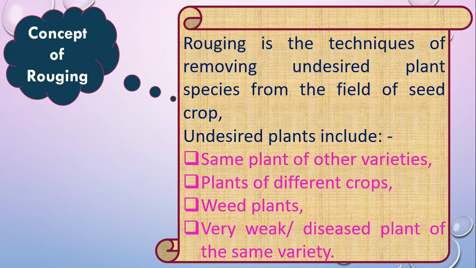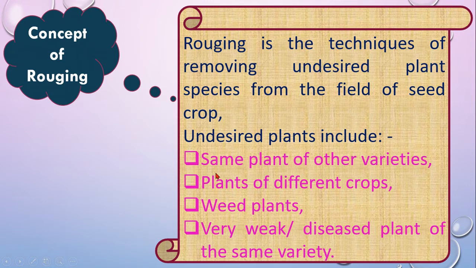That is called rogueing. Even in a normal rice field, if there is any aromatic rice plant present, we have to remove that one from the seed crop field as well.